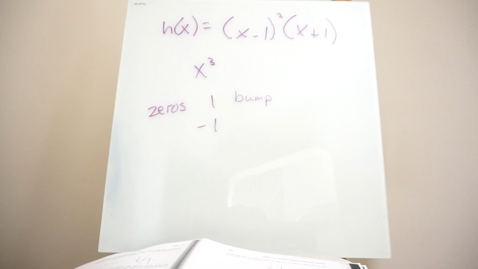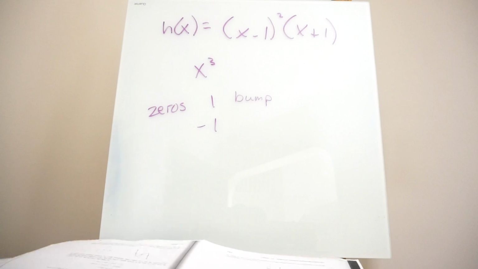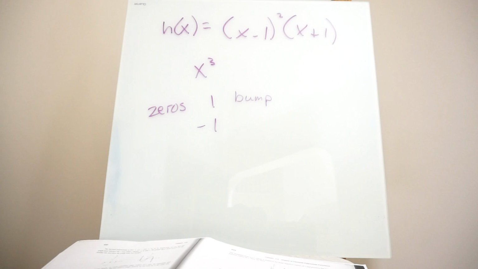So if we just look at those graphs, A, B, C, and D, we can see which ones we can cancel out. Let's see. A bumps at -1 and crosses at 1. Let me make sure I'm doing this right.